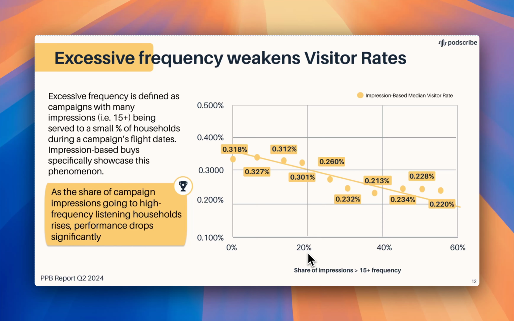So for anybody who uses our dash and sees the high concentration flag on there, that is these impressions. Whatever percent you see in the high concentration bucket, we're showing the relationship to performance here. Both are just different ways to look at the impact of declining performance with frequency.